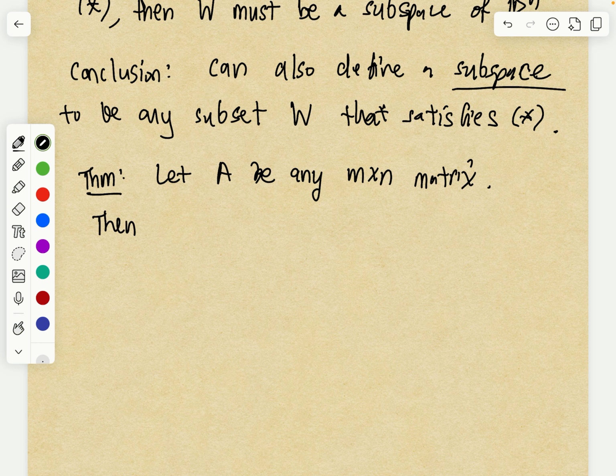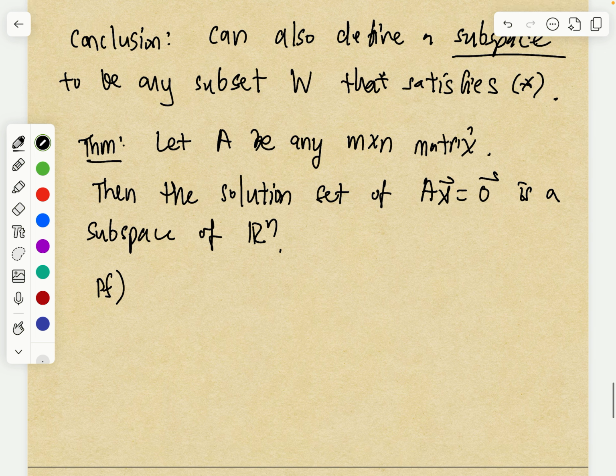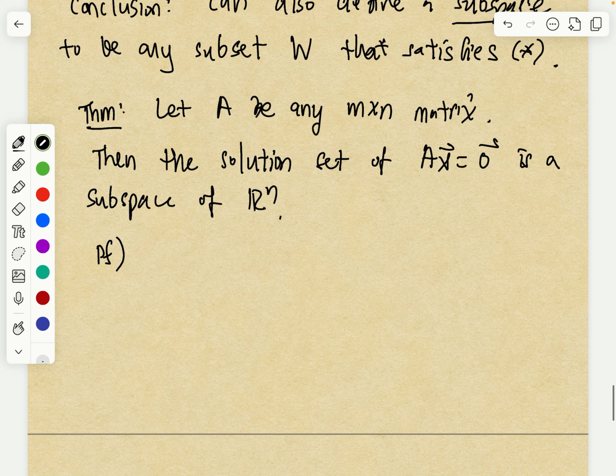Then the solution set of the equation Ax equals 0 is a subspace of Rn. In other words, we're looking at all the x's such that A times x is the 0 vector.